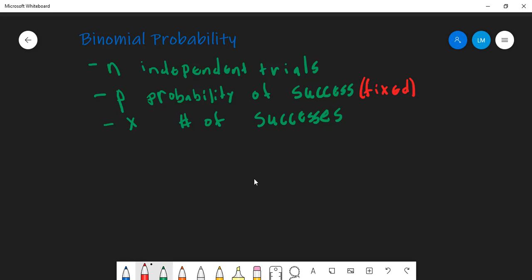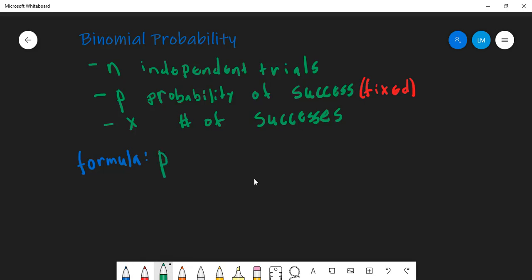Now, there is a formula that does determine that probability of a binomial. The formula is given by the following.